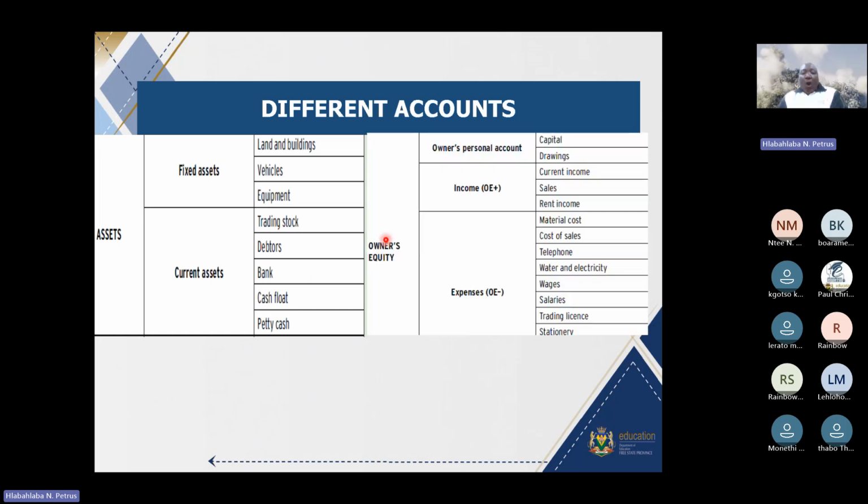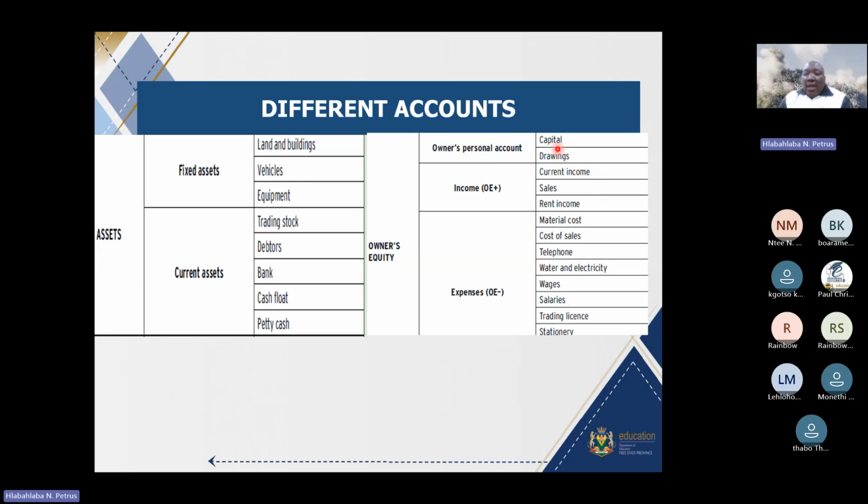And then we have owner's equity accounts. Owner's equity accounts have income and expenses accounts. For example, under the income account, we will have current income, sales, and rent income. We also have the owner's personal accounts, which are capital, when the owner deposits the money, and drawings, when the owner takes the money out of the bank.